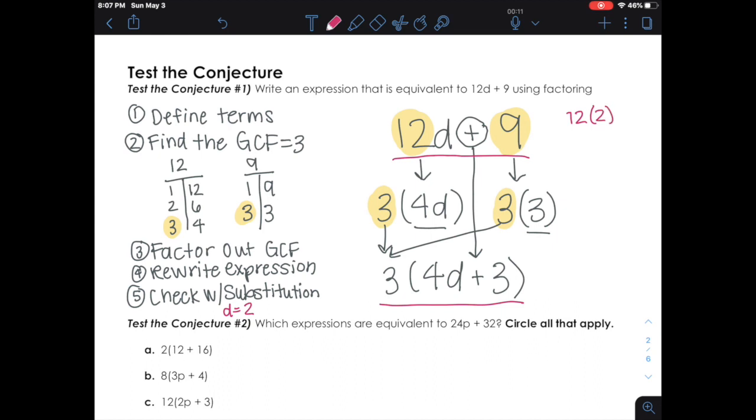So we have 12 times 2 plus 9. So 12 times 2 is 24, plus 9 gives me 33.